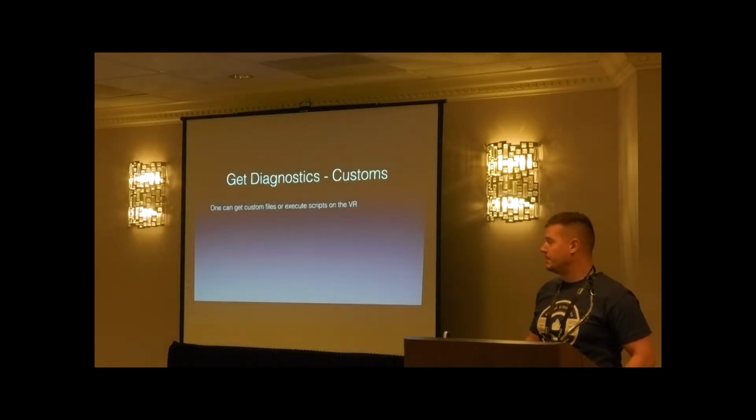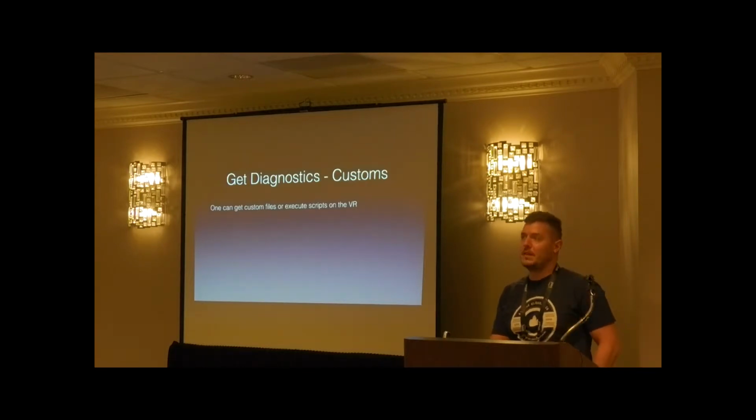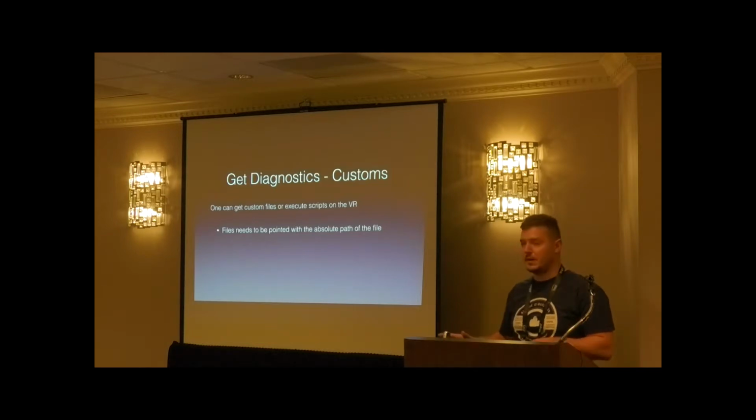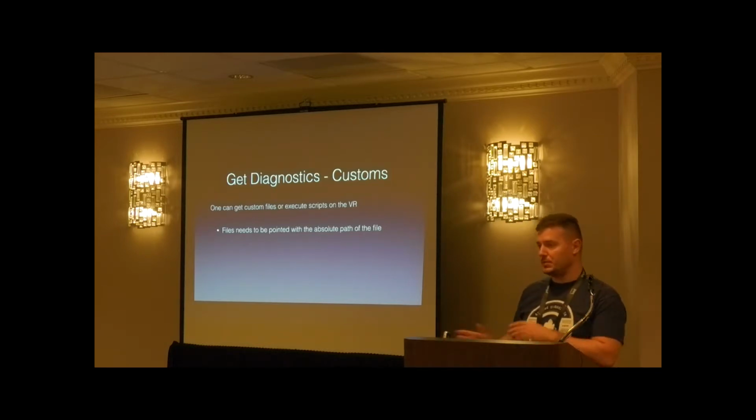Other than the defaults that we just discussed, you can get some custom files from the VR. For example, if you are running your private version of the template and you want to get some specific file that is important to you, you can simply type in the absolute path of the file within the API, and it will get it back to you.